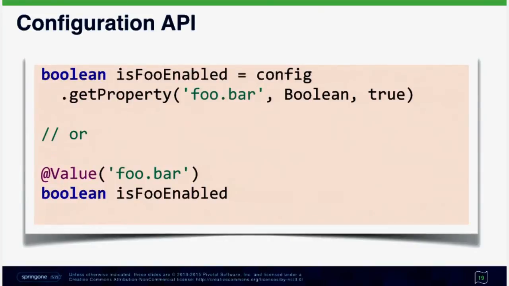You just write @Value and the name of the configuration value, and it will use configuration injection to look up from your application.yaml or your system properties or your environment variables the exact value of foo.bar and inject that into your object, and that's all handled by Spring. So if you don't like the API-based approach, just use Spring @Value, and that will achieve the same effect if you prefer the annotation-driven approach.